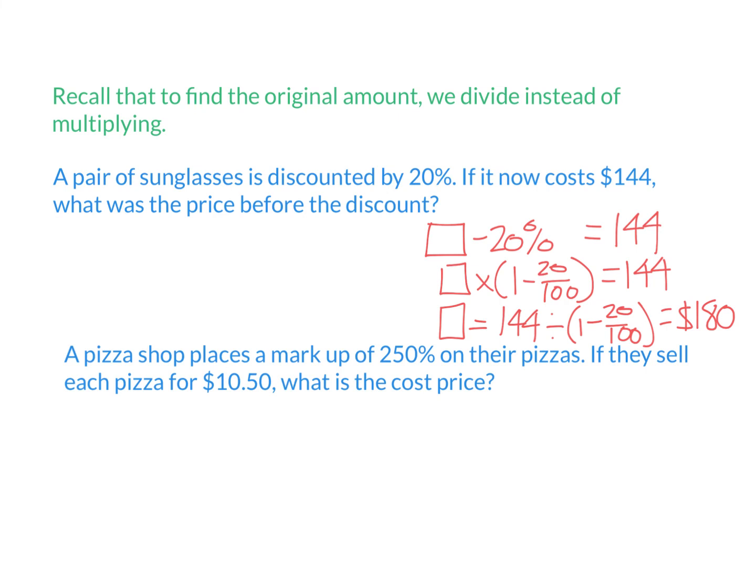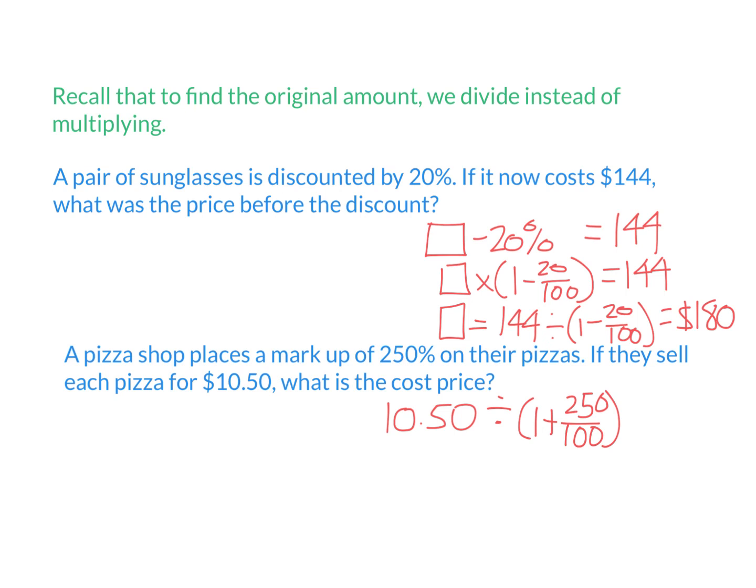So how am I going to do this quickly? I'm just going to take the final amount. Now, when I place a markup, I'm increasing. When you increase something by 250%, remember you times by 1 plus 250 over 100. 1 plus percentage over 100. But because I'm finding the original amount, instead of timesing, I divide. Here we're saying, what number did I start with?